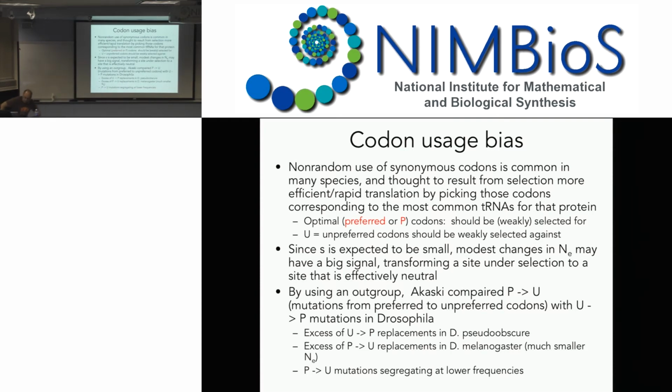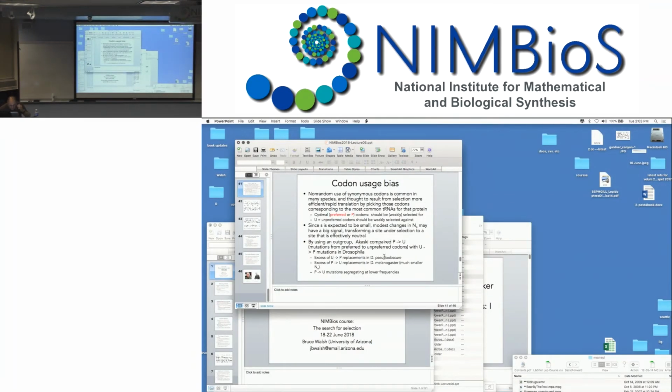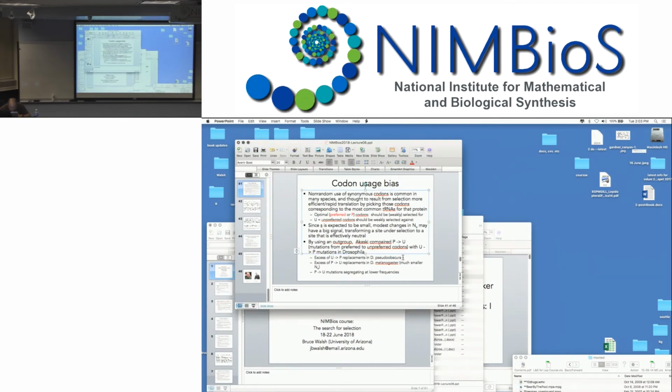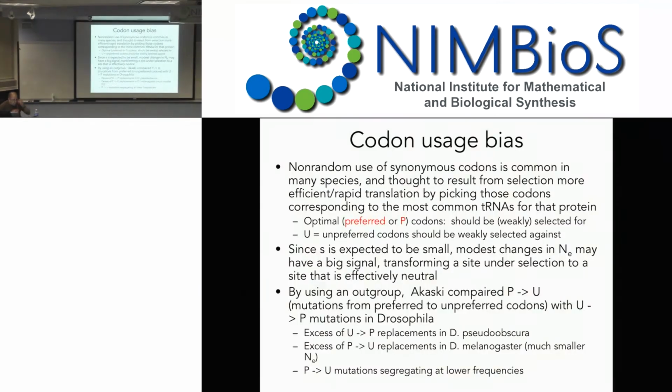The other pattern you might expect is that preferred to unpreferred changes should be deleterious, and therefore in the population they'd be segregating at lower frequencies.